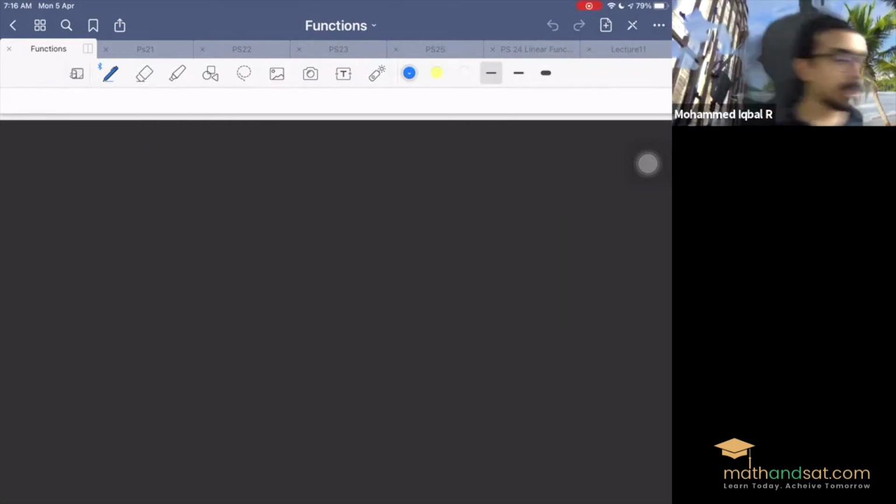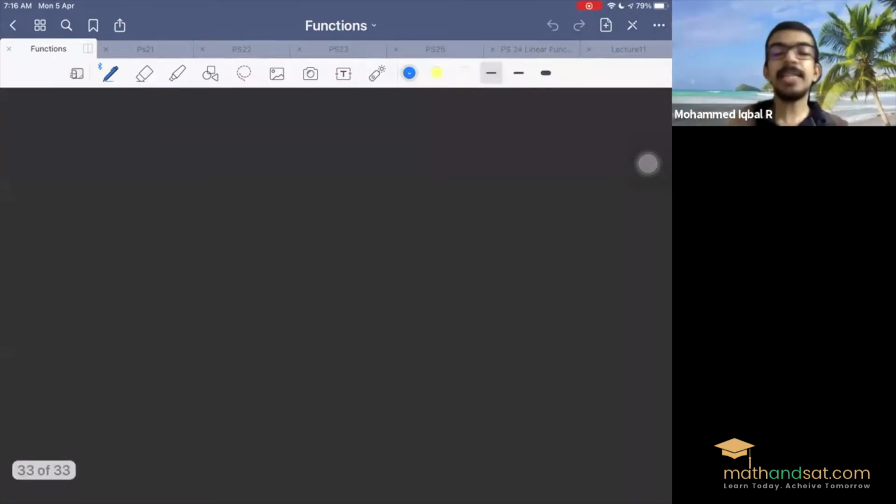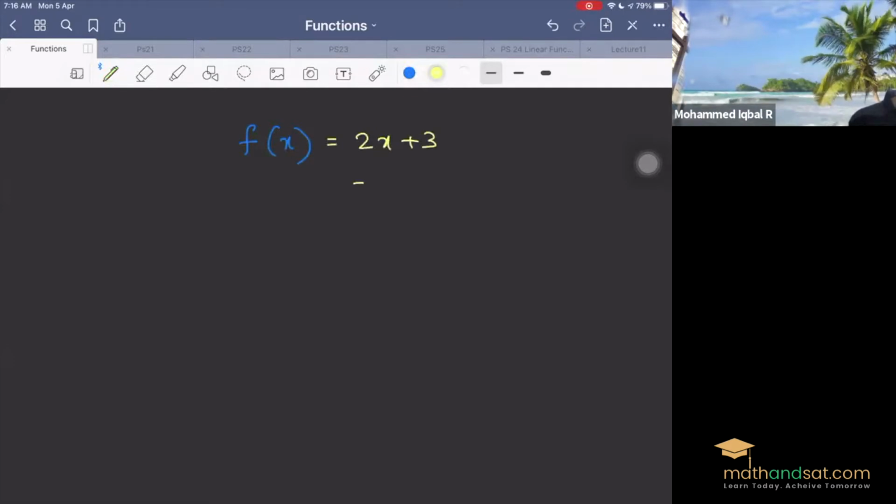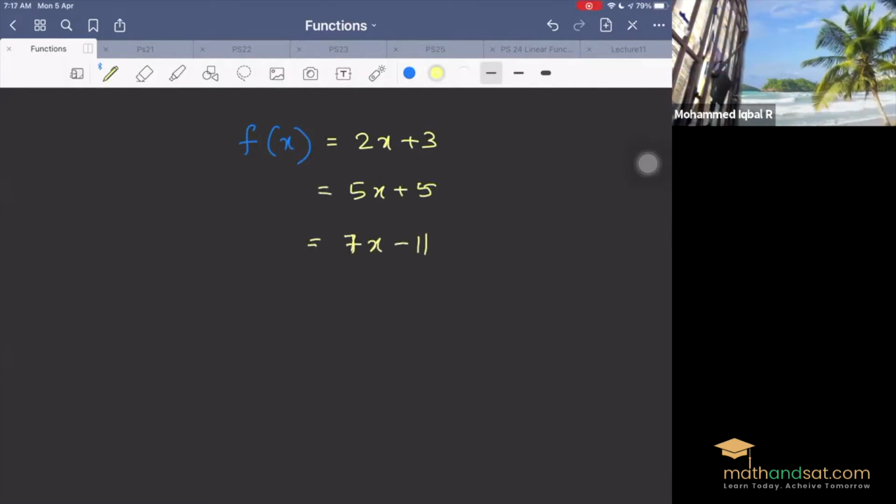We have already seen that a linear function will be of the form, say, f of x is equal to 2x plus 3, 5x plus 5, 7x minus 11. All these are linear functions.